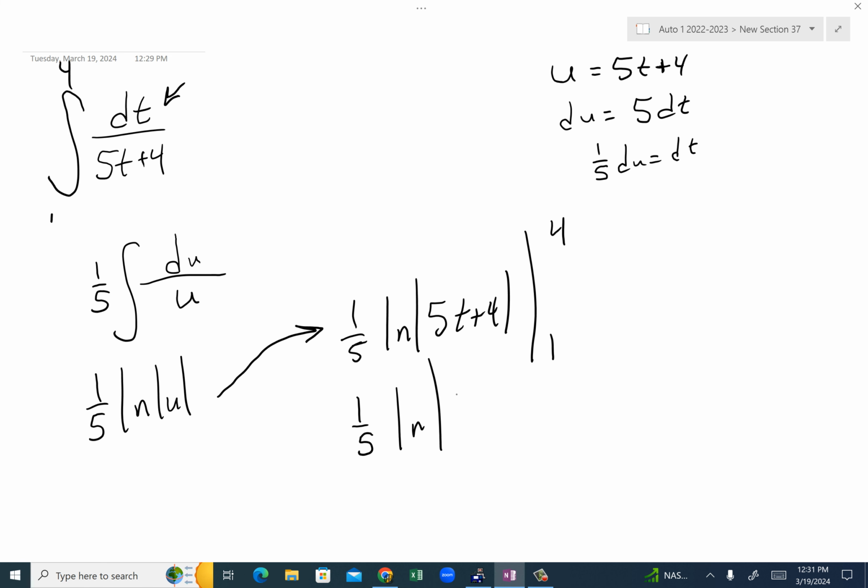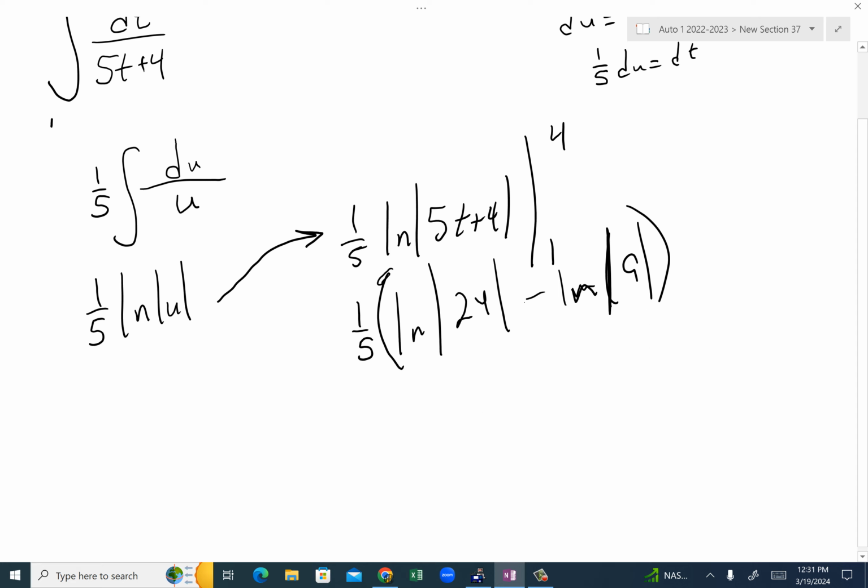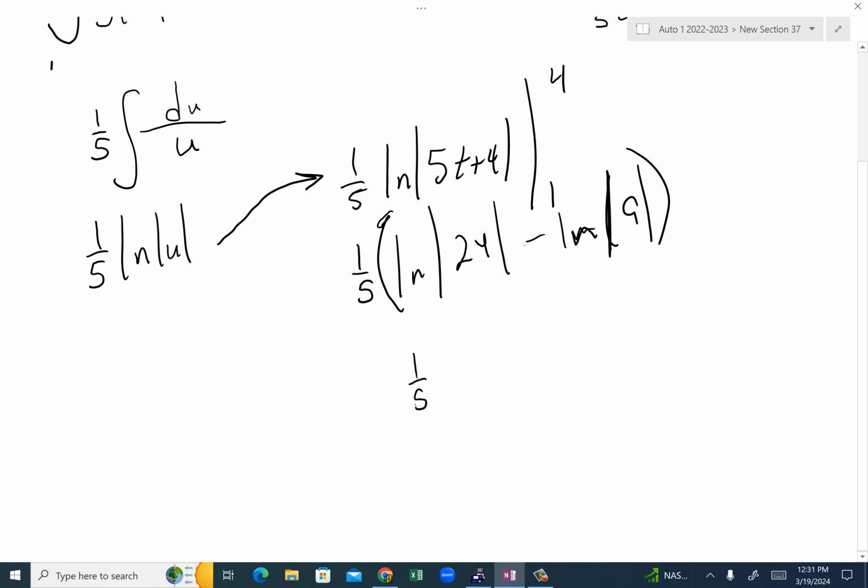And so it's ln of 24, and then minus the ln of 9, I guess, right? And of course, you could write that, and the book probably does, as the ln of 24 over 9, or whatever decimal equivalent that is.